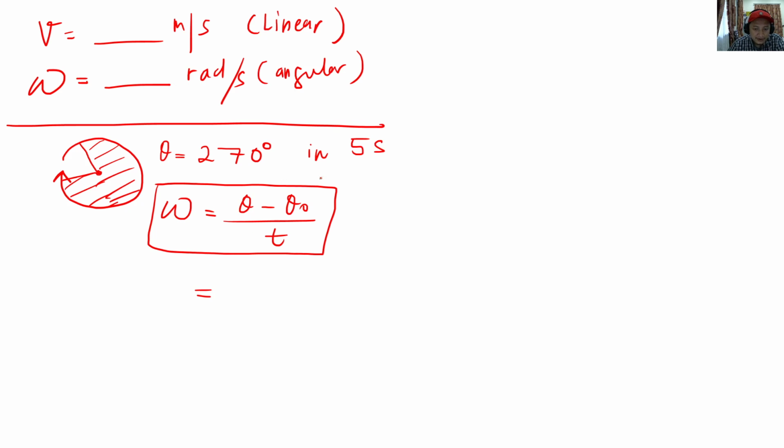So now you need to convert lah, 270 degrees in radian. So how you can remember this one lah. Pi is 180 degrees. X is equal to 270 degrees. And now you cross multiply.